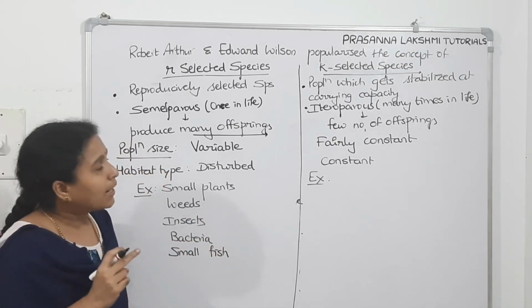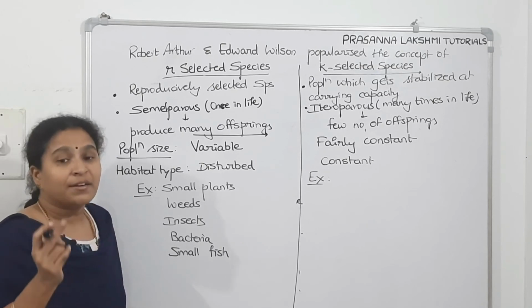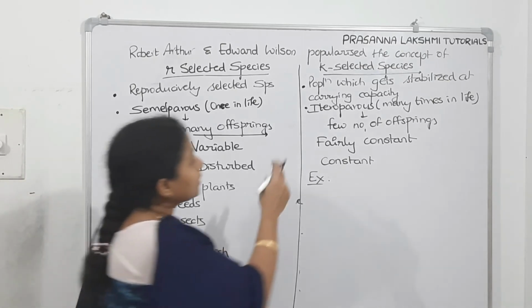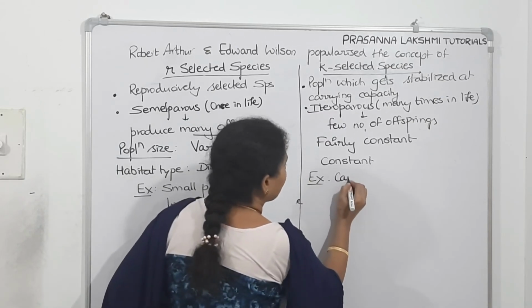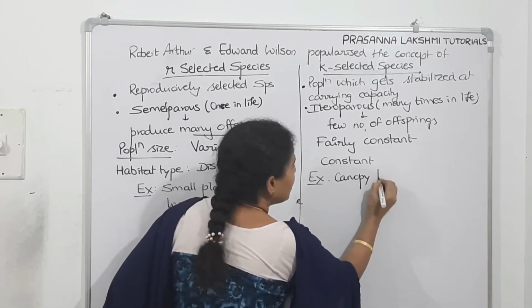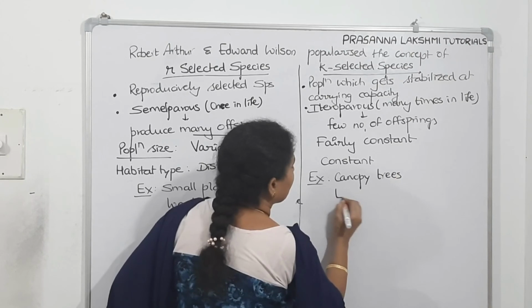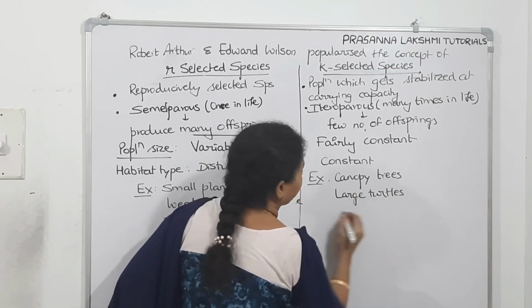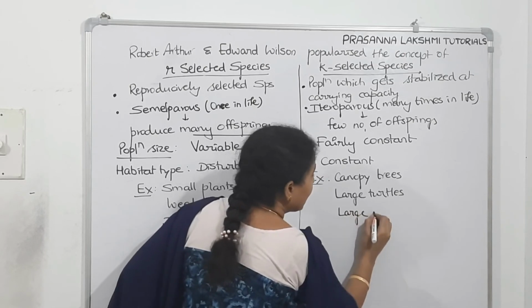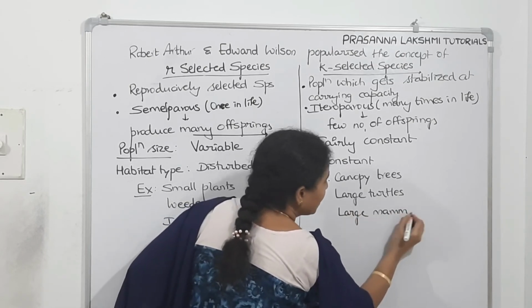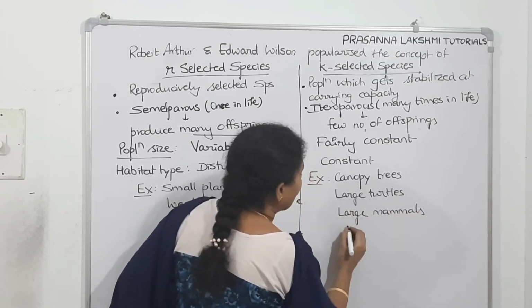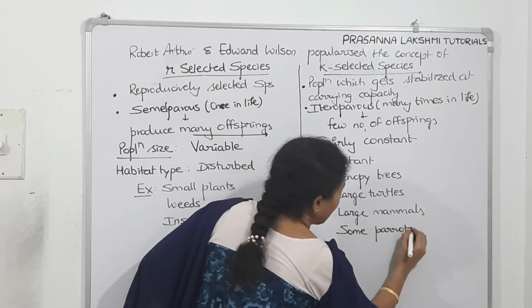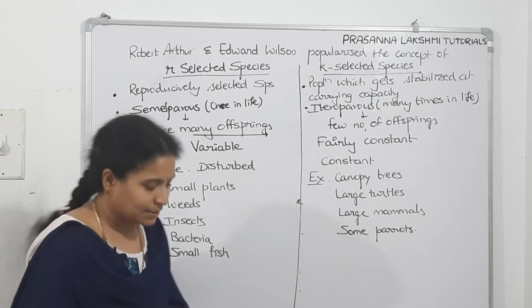Coming to K selected species, canopy trees, large mammals, large turtles, and some parrots are the examples of K selected species.